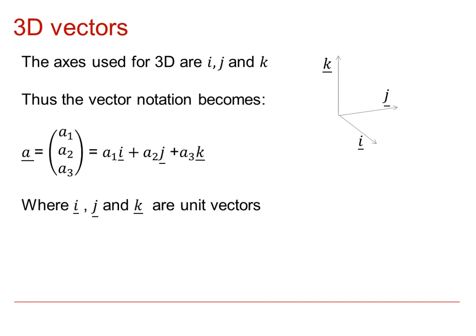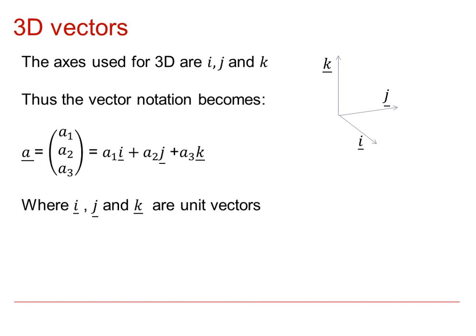Moving on then from 2 dimensions to 3 dimensions, and this bit will be new for you. The axes used for 3D are i, j and k. If you can try and visualize this in 3 dimensions, you can see that the i unit vector should be seen as coming out of the page, and that i, j and k are still perpendicular.